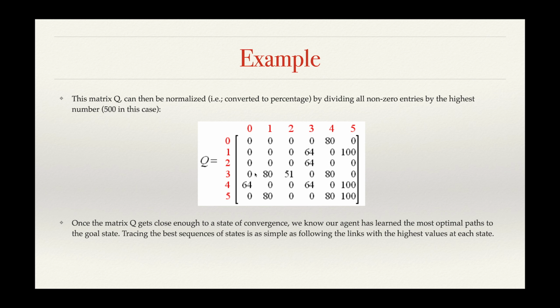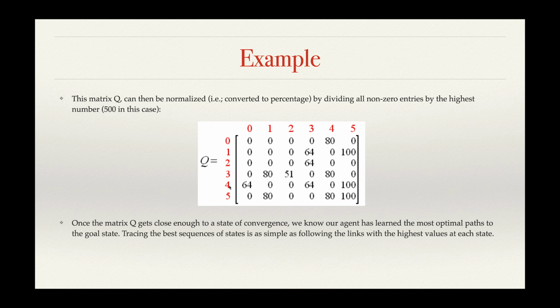If it moves from 3 to number 2, it would get to the outside, but it would take longer. That's why it gets 51 here. If it moves from 3 to 4, it gets also 80. So in this case, it should pick the action that brings the maximum value. So it's either 3 or 1. It would randomly select either 3 or 1.